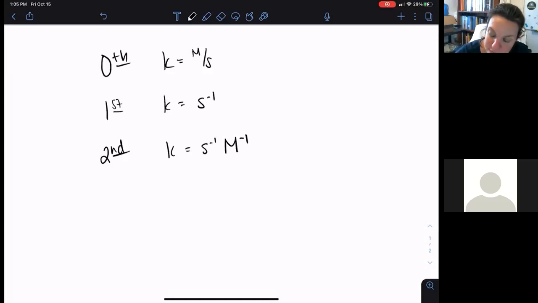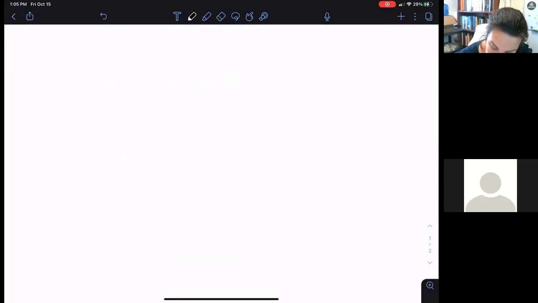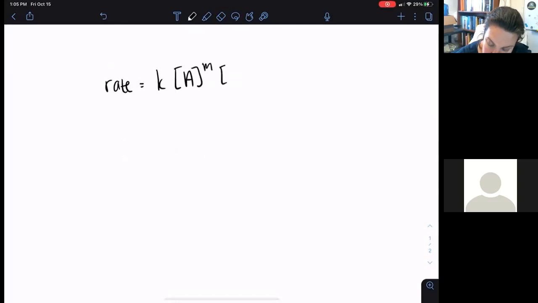Okay. Now, if you have a general rate law, your rate is equal to k [A] to the m [B] to the n [C] to the p, something like that.